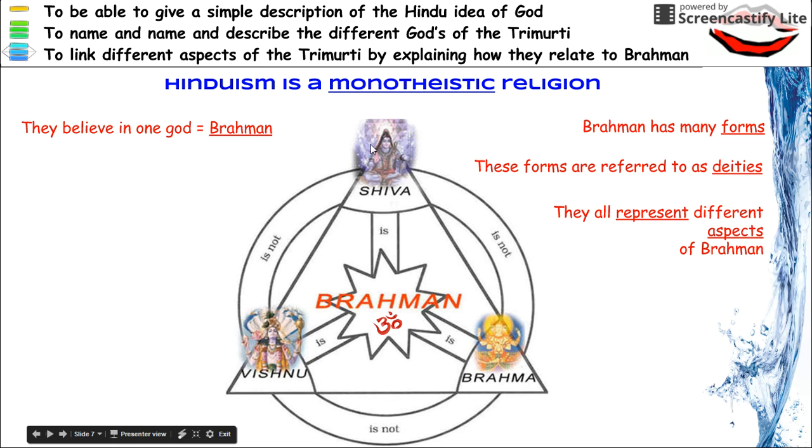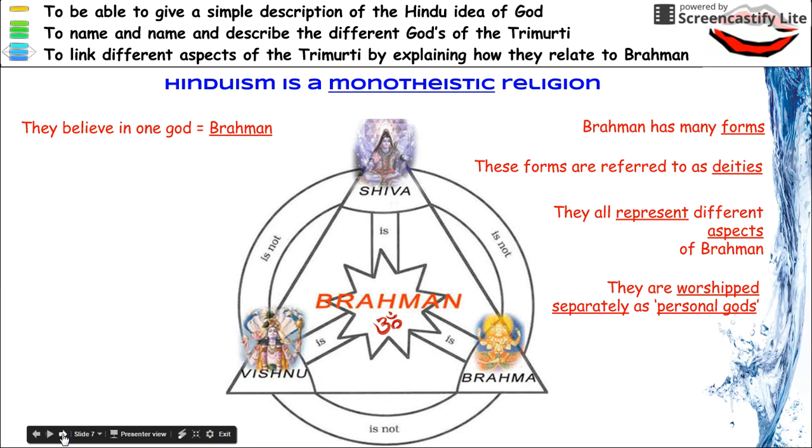They are different forms that helps to understand the different characteristics of Brahman. And each of these is worshipped separately as a different god. Now, why? Because you said that actually they believe in one God. Well, don't forget, these are just different forms of one God.